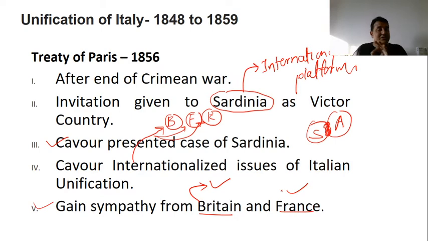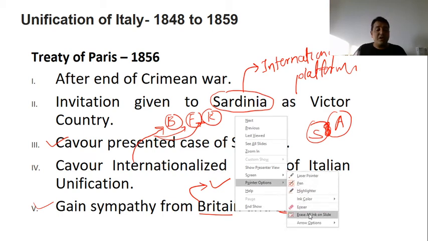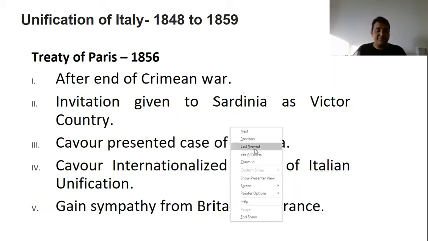But Sardinia doesn't want just sympathy from France. Why? Because they knew that alone they cannot defeat Austria, forget about the Papal State. So they wanted some strong support, and France is a neighboring country, so they were in hope that France is going to help them defeat Austria and grab the territories.